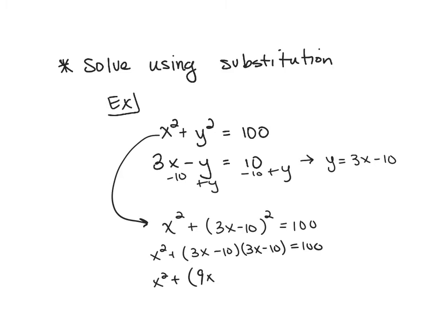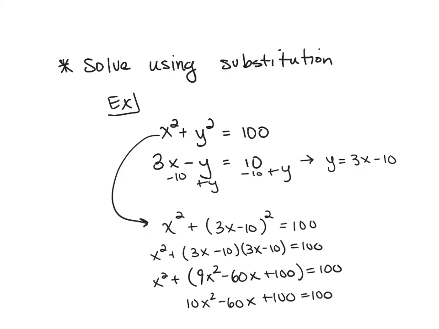So that would be 9x squared minus 60x plus 100. And then combining some like terms, we have 10x squared minus 60x plus 100 equals 100.